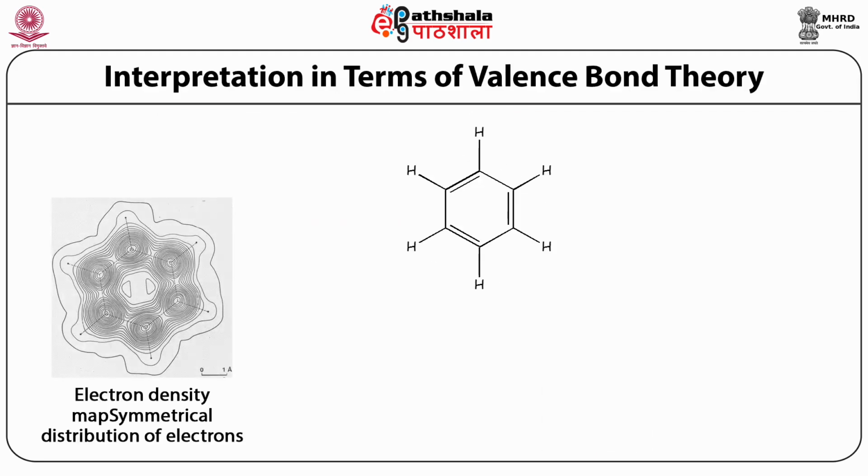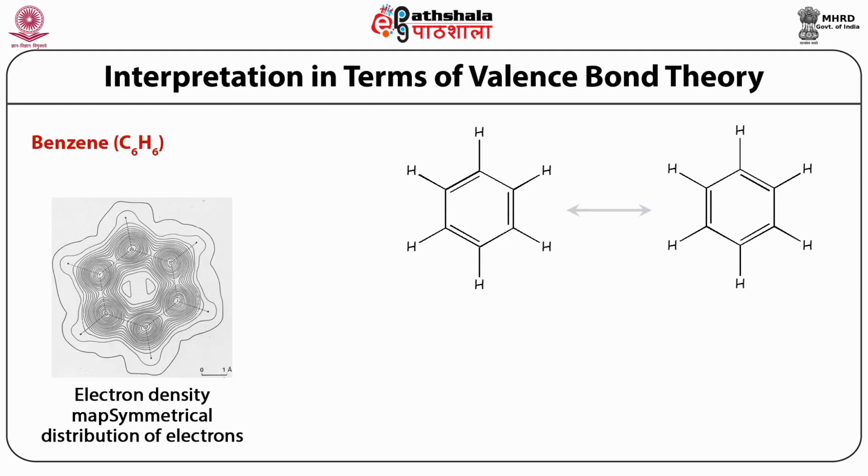Now students, let us discuss the hybridization in benzene, that is C6H6. This figure shows the electron density map, or the symmetrical distribution of electrons.